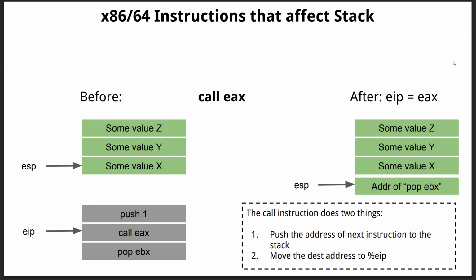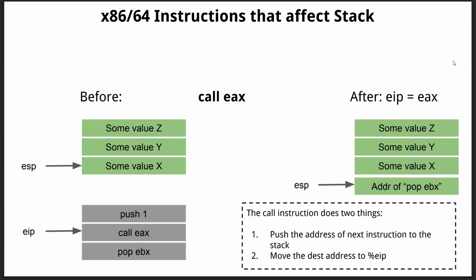A direct call is a call to a specific fixed address. Here the stack has Z, Y, X, and here we have the instructions. This is low address, this is high address. We just had an instruction push 1. We are about to execute the instruction call EAX here.